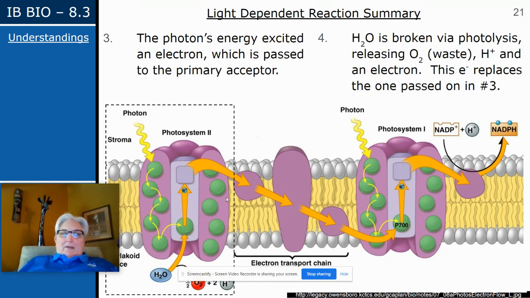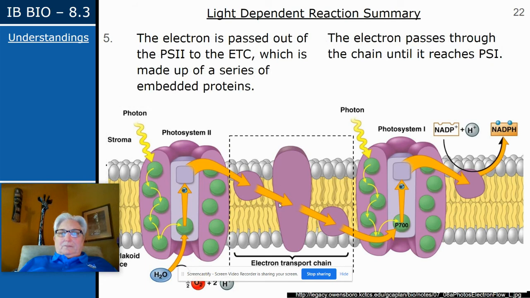From there, we have the excited electrons because of the split of our water molecule into hydrogen, oxygen, and our electrons. And they keep moving here. After photolysis occurs, we move into the electron transport chain.